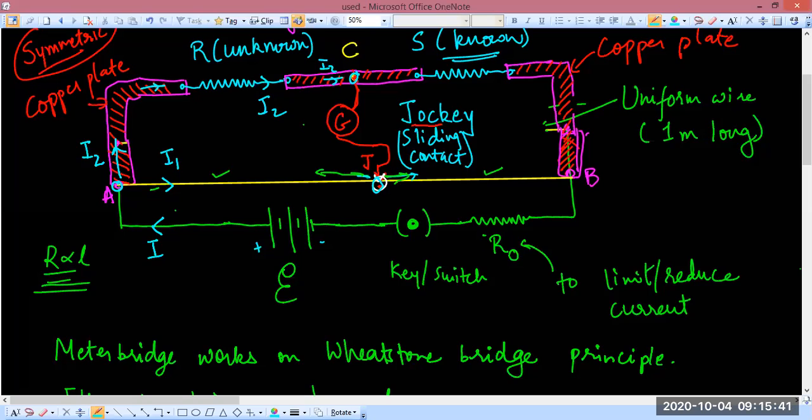Do you all realize that CJ is a cross connection or bridge between two branches? So I hope now we have understood that this circuit is actually a Wheatstone bridge.